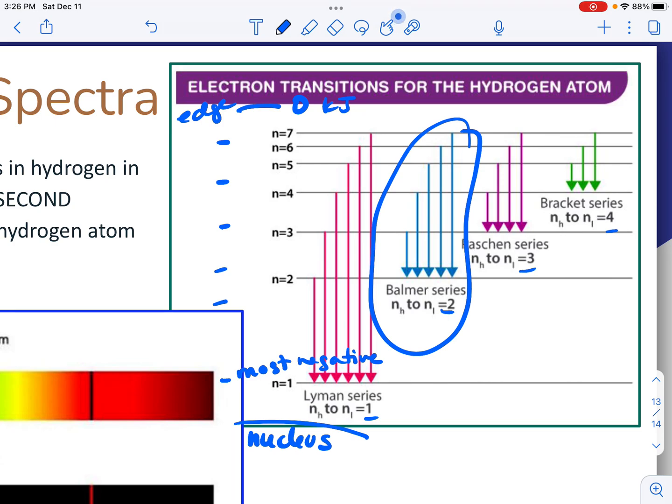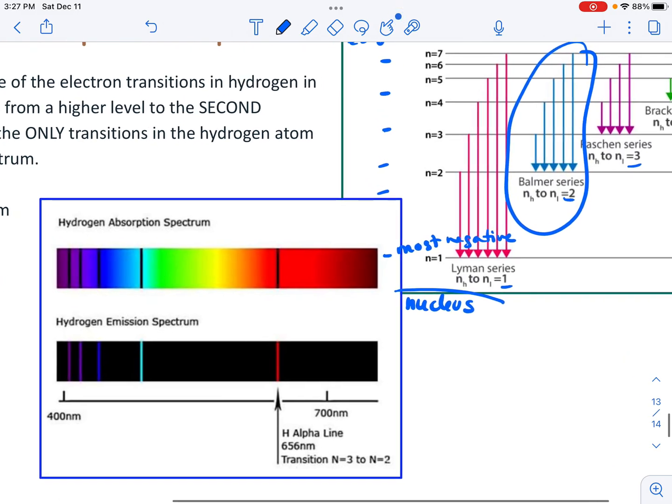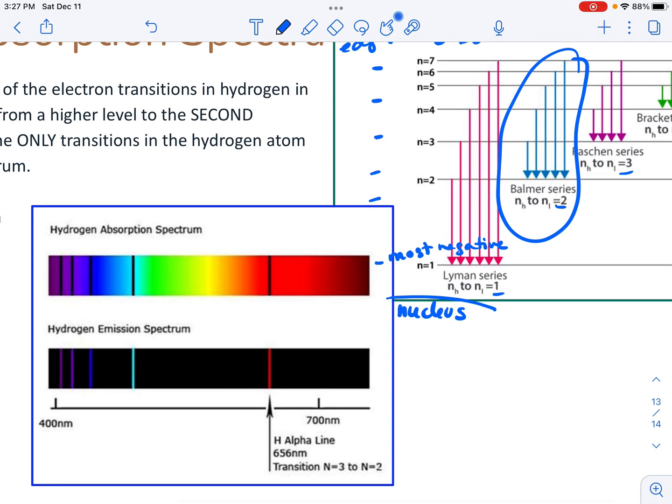So the Balmer series has 5 transitions, all from something to the second energy level, and these are the only ones that we can see. So in an emission spectrum for hydrogen, we can actually correlate these lines to each of those transitions. So the one that is the lowest energy has the longest wavelength, which would be this one, and it transitions to the one with the lowest energy difference change, which would be from 3 to 2.